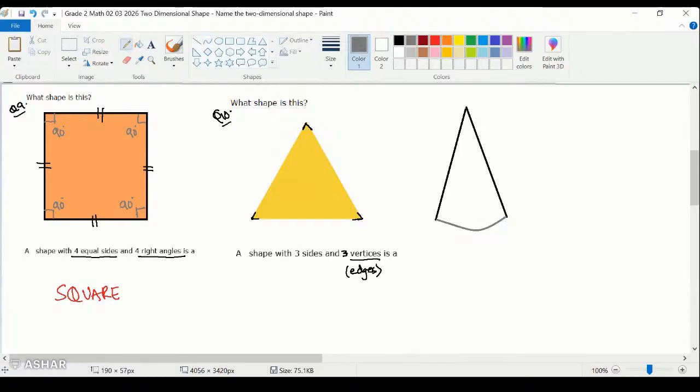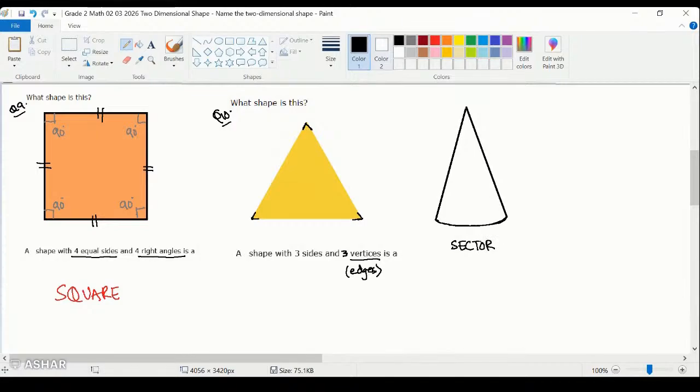So if the third line is a part of a circle, it's circular over here. Let me draw it again. So if the third line is circular, not straight, then this would be a sector. Agreed?